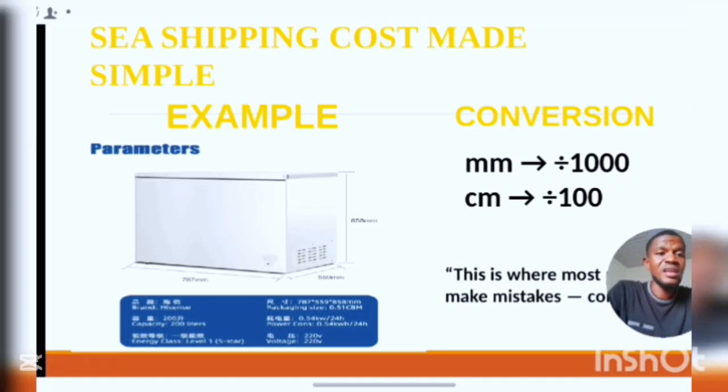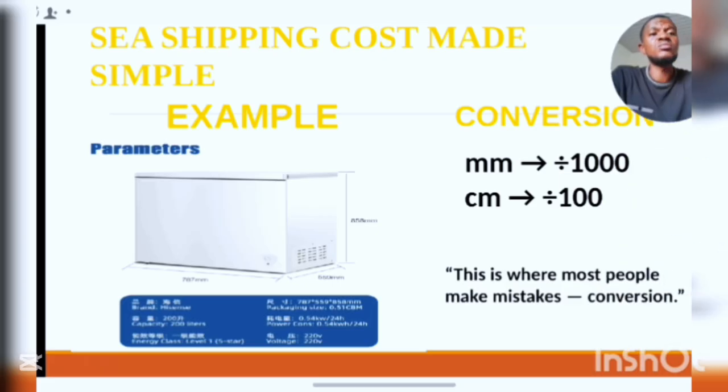Most of the time, when you are sourcing from your suppliers, you are going to find the dimensions of the item in different units. So if it is in centimeters, if it is in meters, what are you supposed to do? What are some of the ways of converting those to be at a safer point?